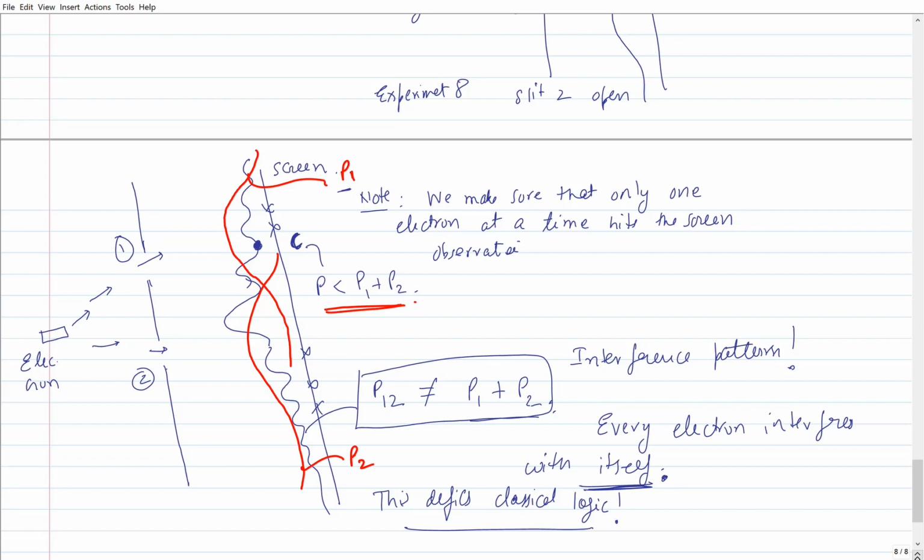When I have both the slits open, it seems like having more alternatives has reduced the chance of detection at C. How do I make sense of this?